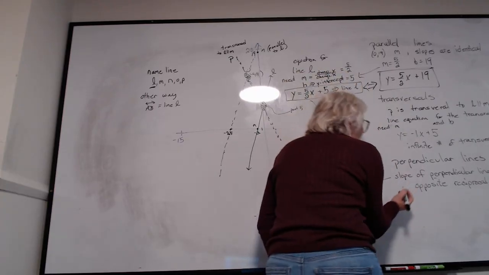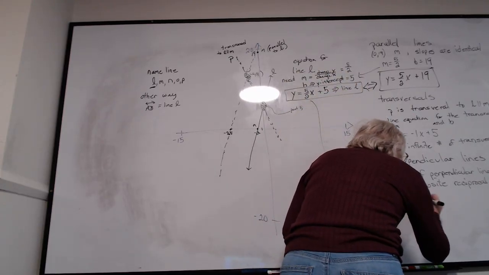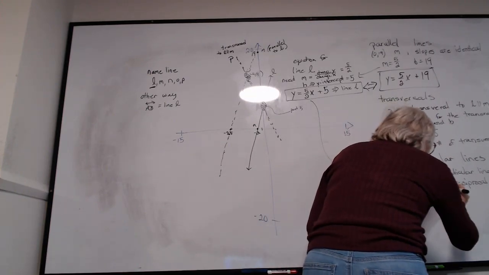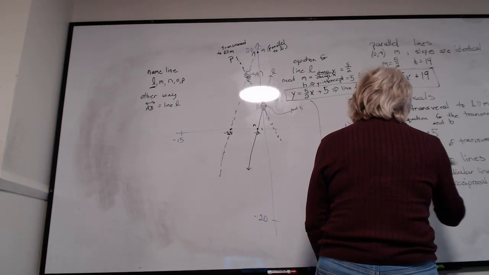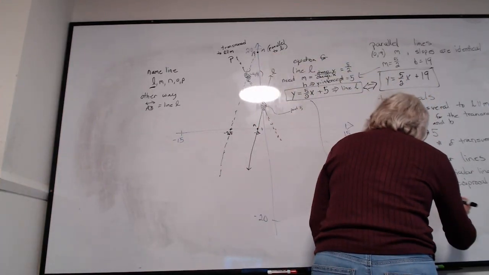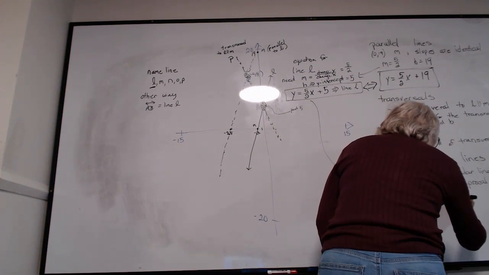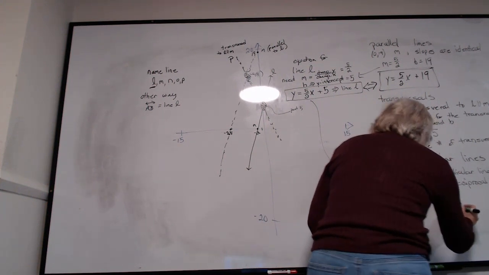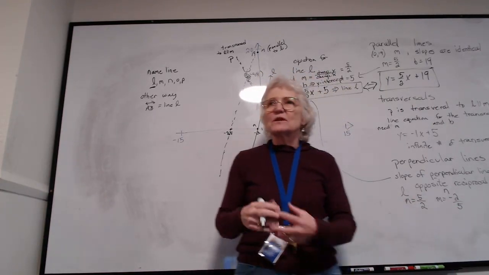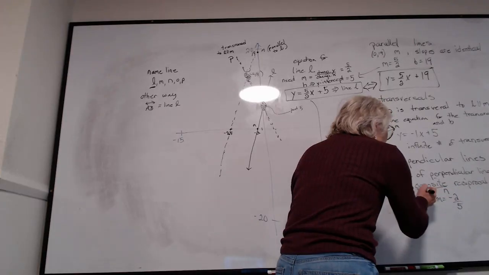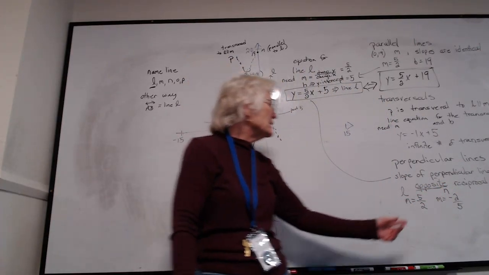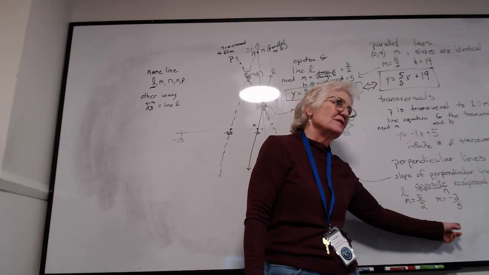Okay, so in this case, my slope is 5/2 for L. My slope for my new transversal, which I'll call N now, which we're going to draw, will be -2/5. Notice, this one's positive, this one's negative. That's what it means to be opposite. One is positive, one is negative. Okay? Reciprocal means flip the fraction.